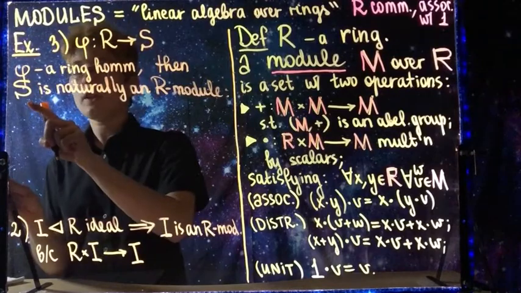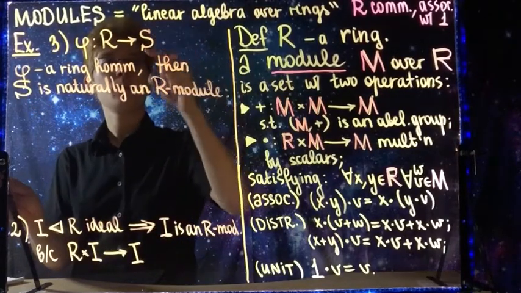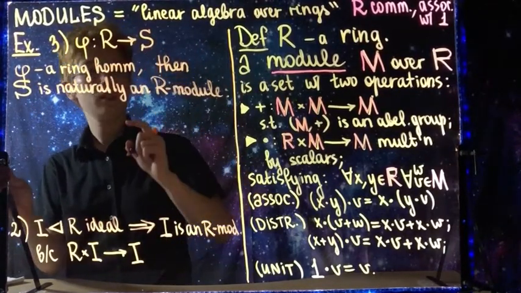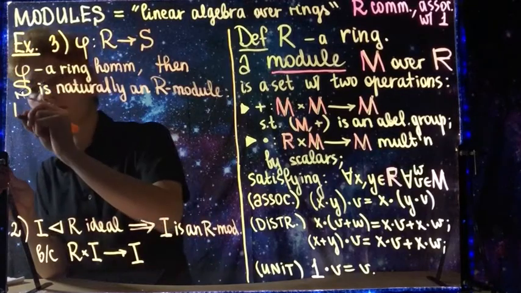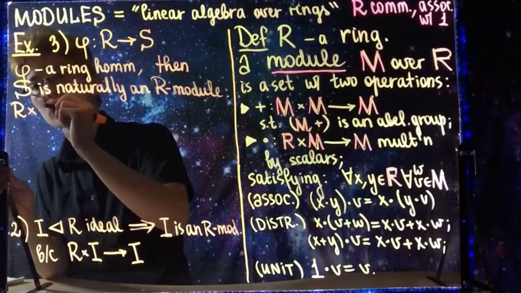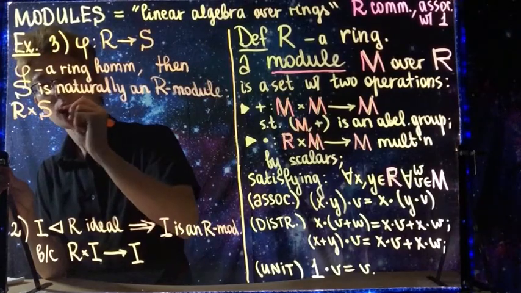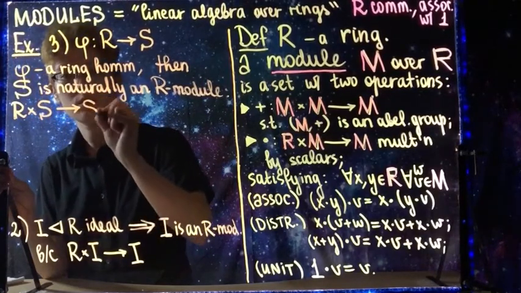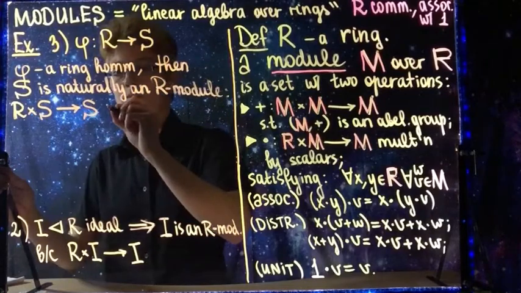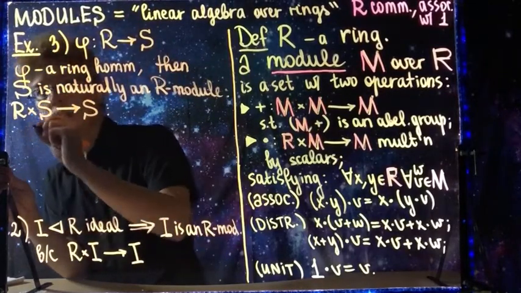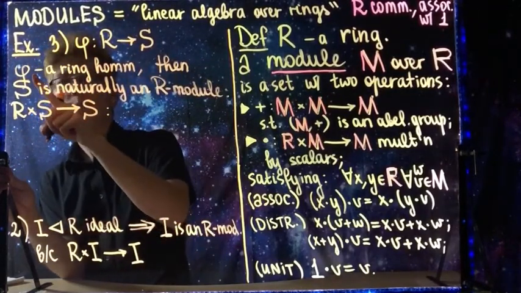So addition is inherited from the addition in S, and to define multiplication, R cross S to S, we use our ring homomorphism phi.